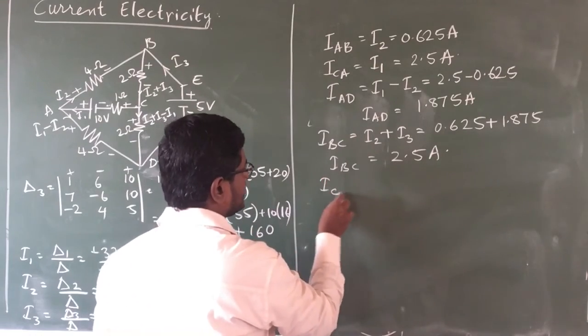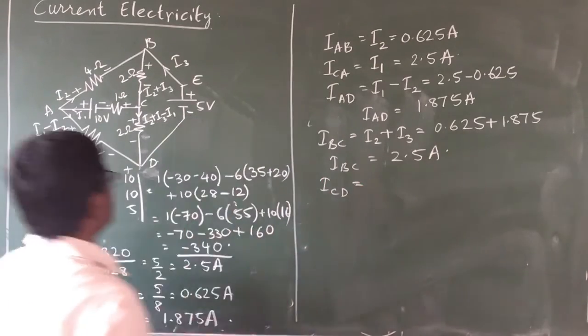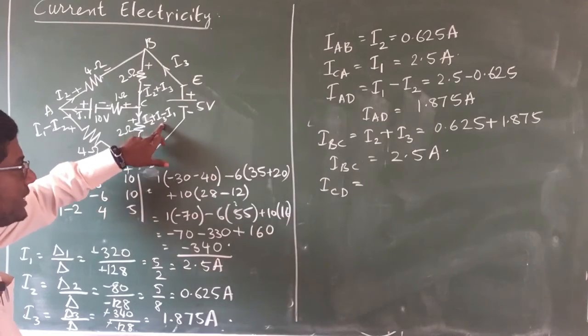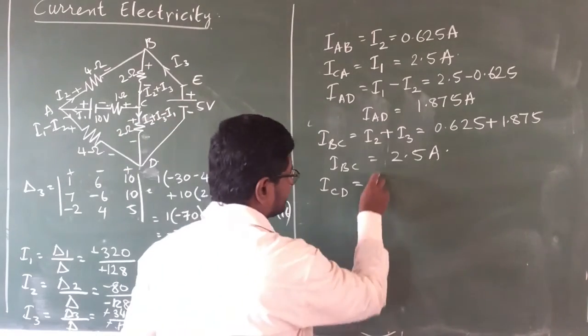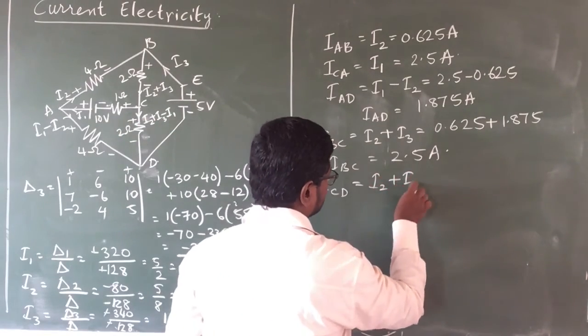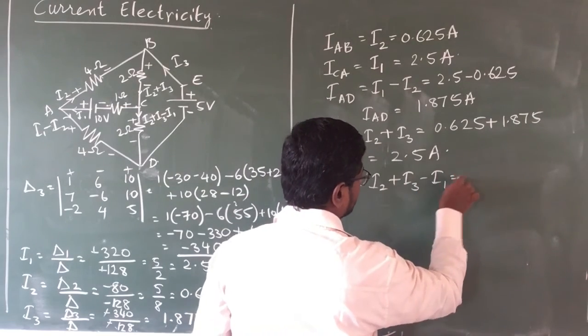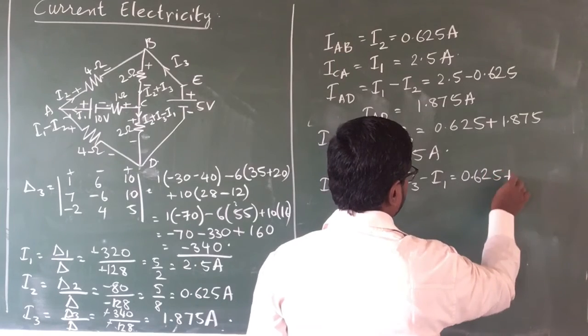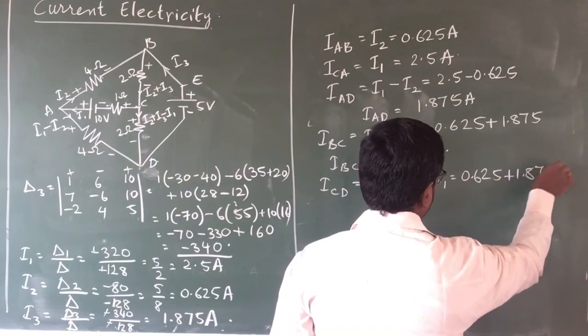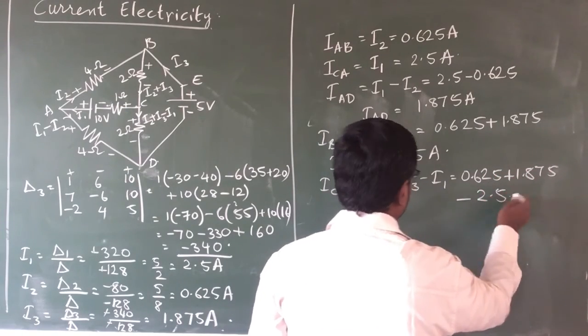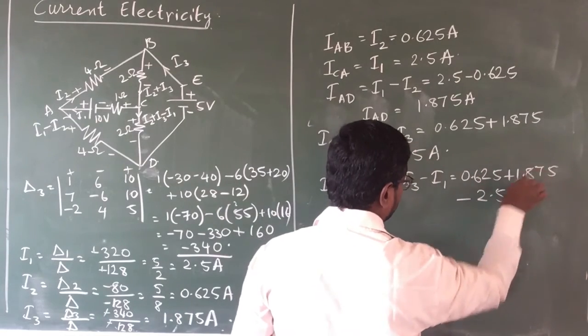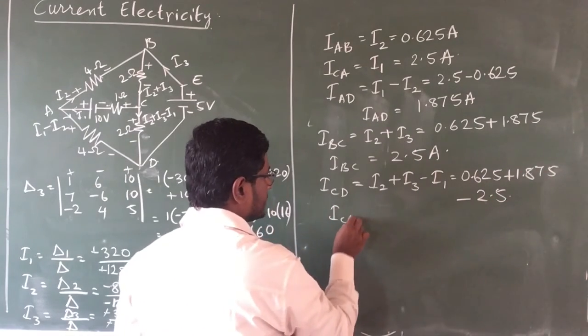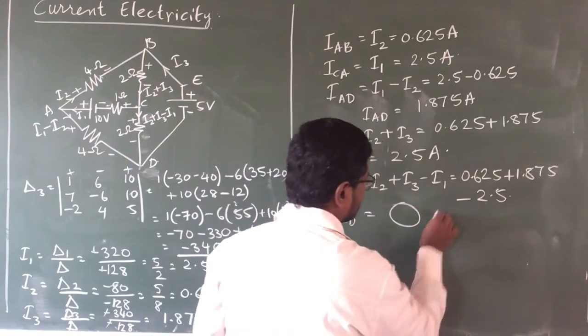Then C to D. What is C to D? I2 plus I3 minus I1. That is going to give me 0.625 plus 1.875 minus 2.5. We already got the sum of these two numbers as 2.5. So ICD, we know it is going to become 0 ampere.